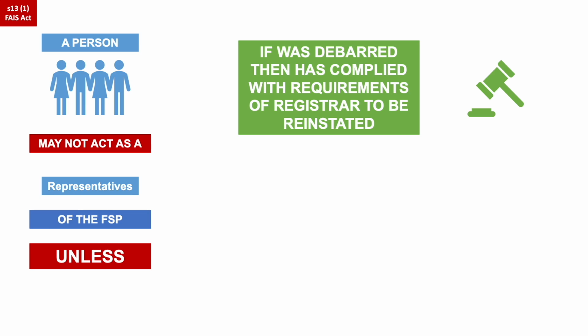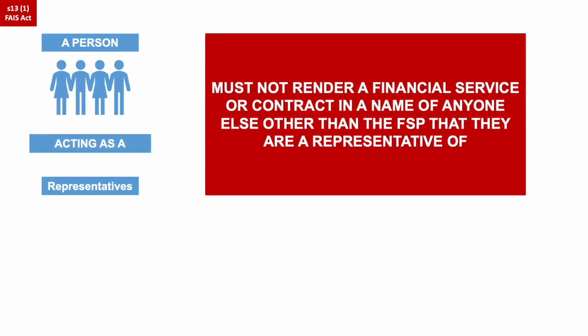Remember that the registrar, commissioner, and authority are interchangeable concepts that all refer to the same body of the FSCA. A person acting as a representative must not render financial services or contract in the name of anyone else other than that of the FSP they are a representative of.